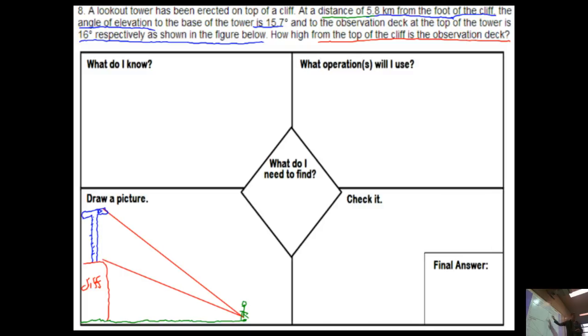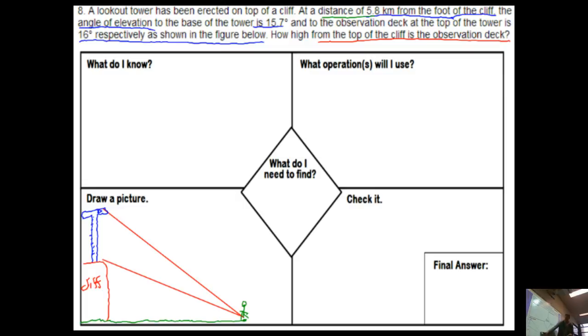Alright, from the information, what is the angle of elevation to the top of the tower? Angle of elevation to the base of the tower is 15.7. Observation deck at the top of the tower is 16 degrees.